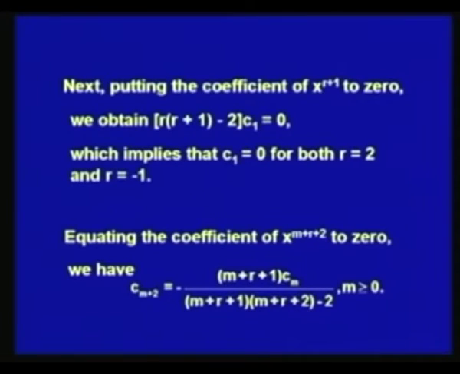Now, we have seen here that for both values of r, that is for r equal to 2 and r equal to minus 1, C1 is equal to 0 and Cm plus 2 is related to Cm through this recurrence relation. So, C1 equal to 0 implies that C3, C5, C7 all are zeros.